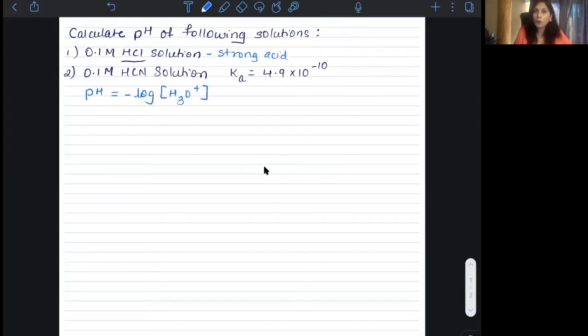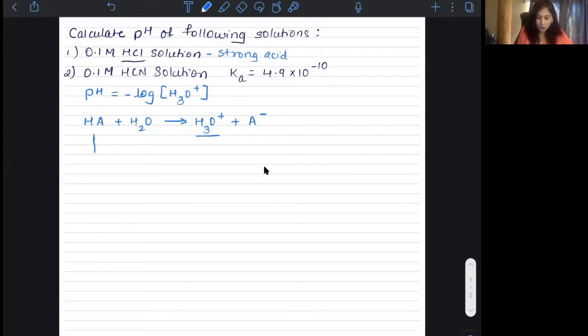And a quick review of what hydronium ions are. Whenever you're working with any kind of acid, like a generic acid HA in this case, it combines with a water molecule to form hydronium ions and its conjugate base. And how are these hydronium ions formed?